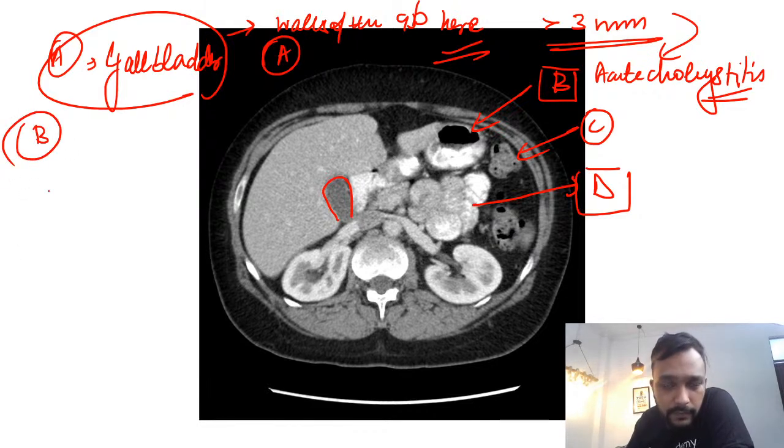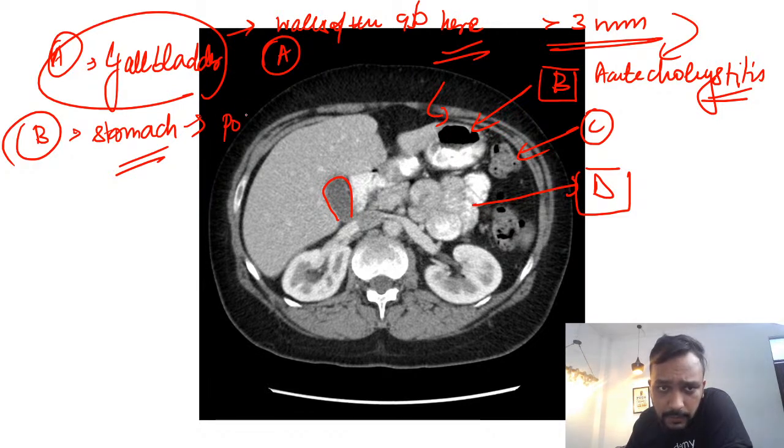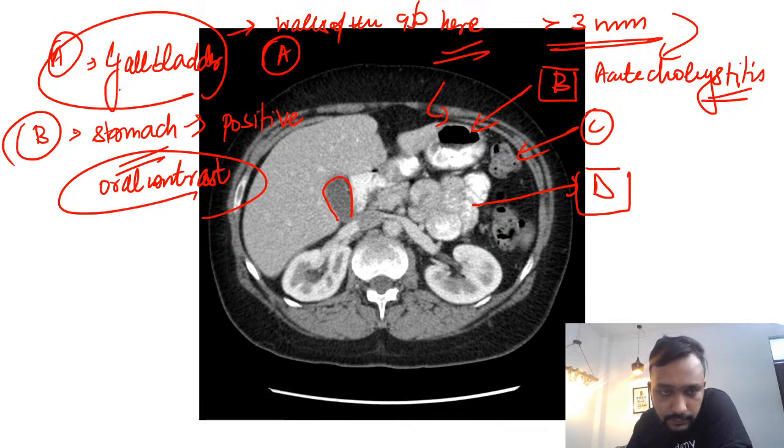Okay. And if you look at image B, you can see that B is your stomach, and it is filled with positive oral contrast, right?